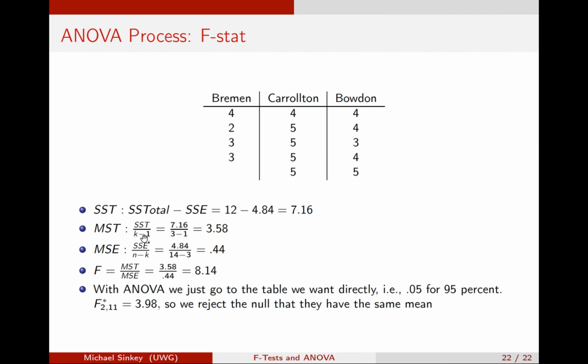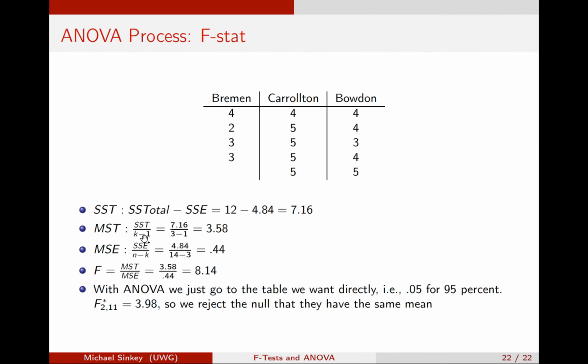The critical value is 3.98, which is smaller than 8.14. I do reject the null. Intuitively, you might think I reject the null because it seems like the Carrollton Wendy's has improvement over the Bremen Wendy's. Now, I can actually do this in Excel, and let me show you how to do it in Excel.